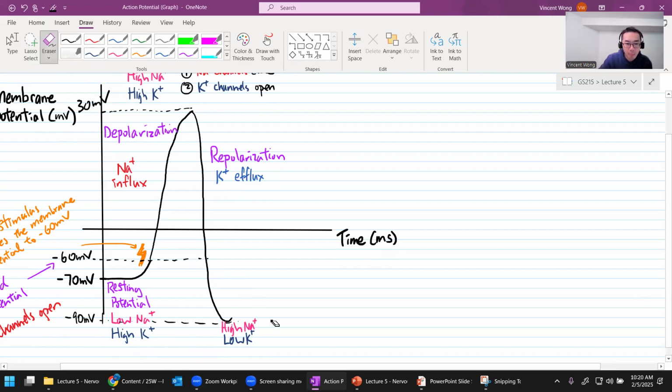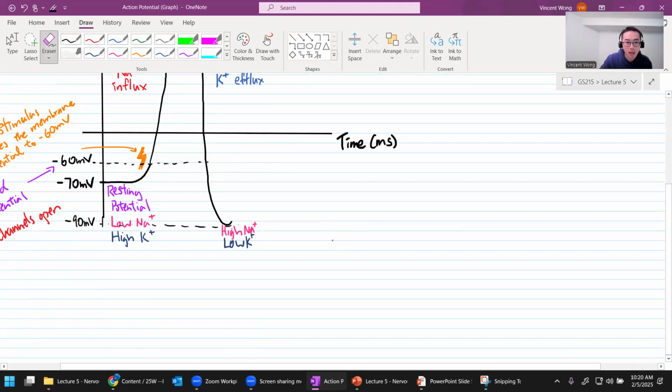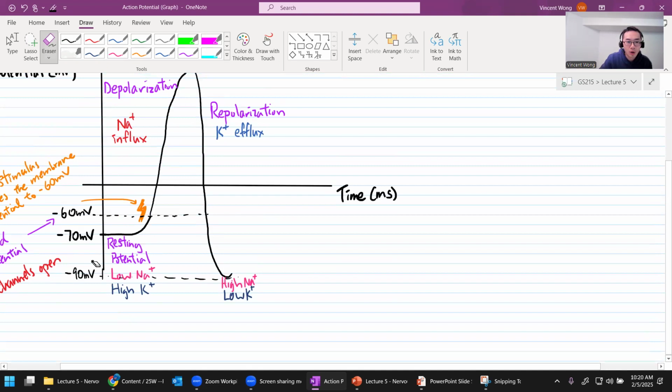So at this point, we have two situations. Number one, we are more negative than resting potential. We're too negative, in fact. So this is called hyperpolarization. Again, if you're confused with all these words, polarization just means negative.